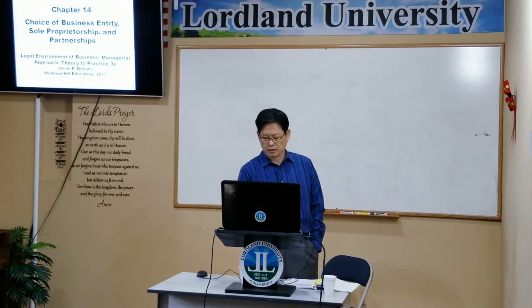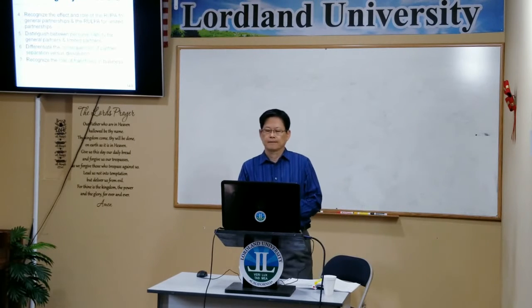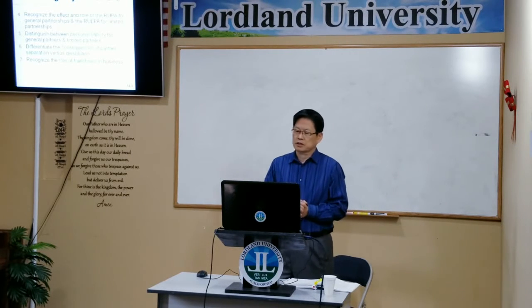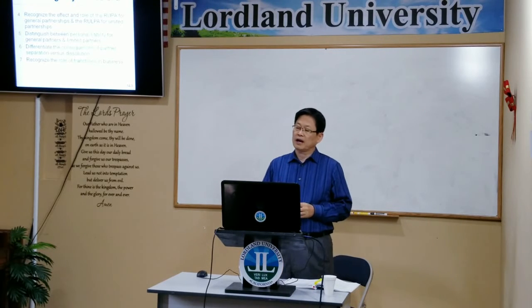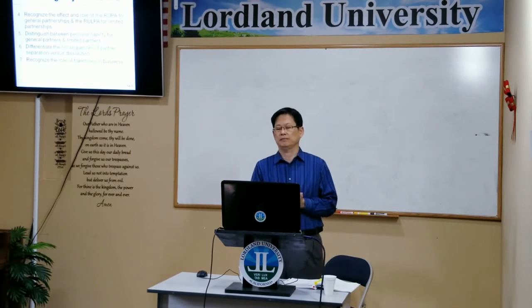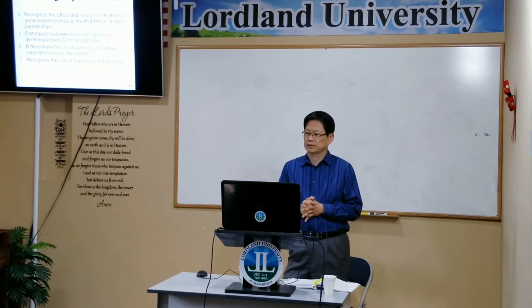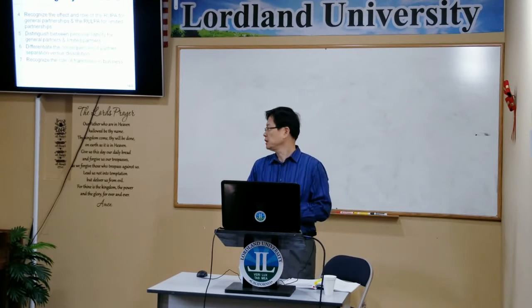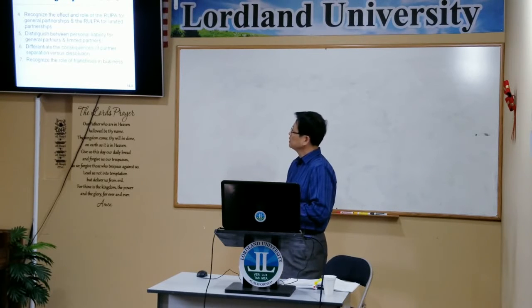You will learn these additional types of partnership in chapter 15. Number 4, we will discuss the effect and law of the revised Uniform Partnership Act for the general partnership and the revised Uniform Limited Partnership Act for limited partnership.